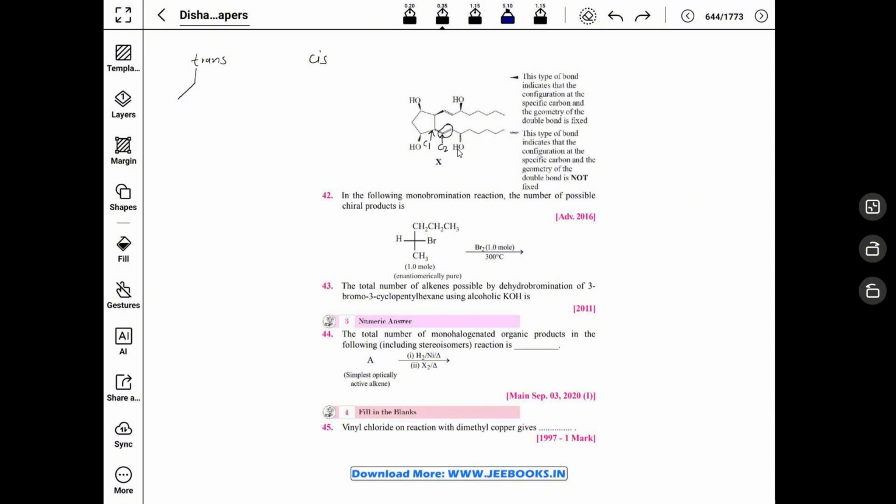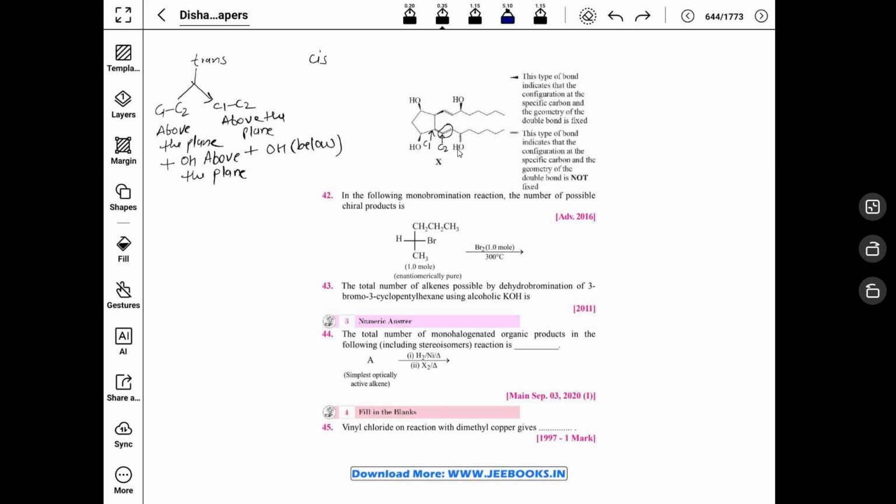So the configuration at C1, C2, let's say it is above the plane, and OH is also above the plane. So one possibility is this one, and another possibility is that C1 and C2 are above the plane, but hydroxy is below the plane. Okay, so these two possibilities are there, and then what else is there?